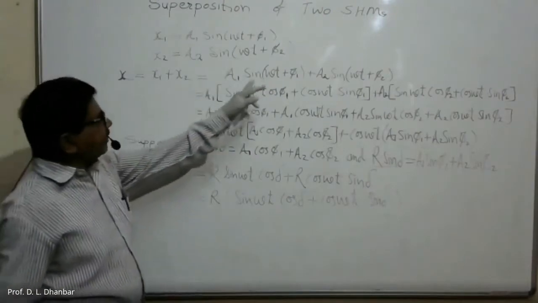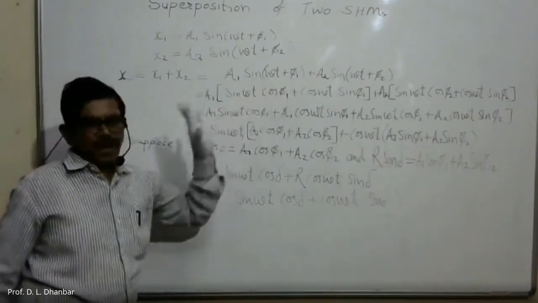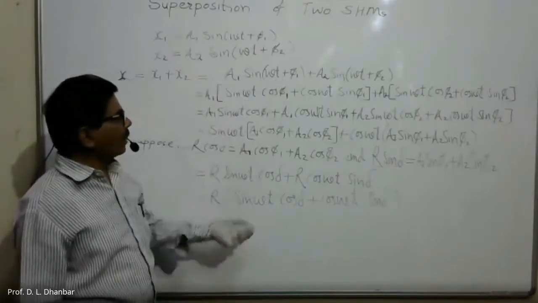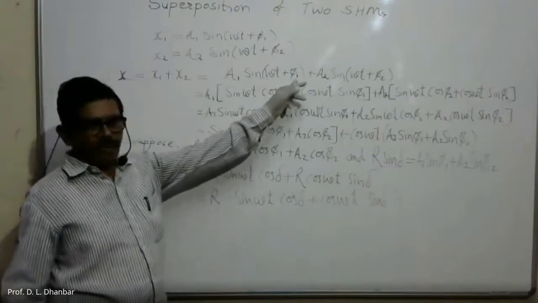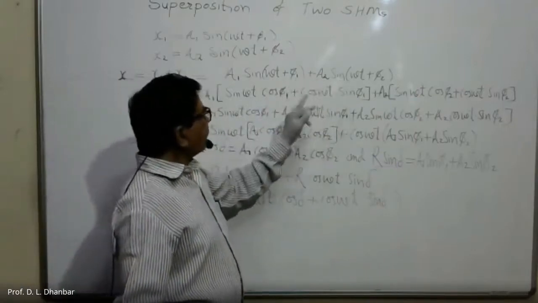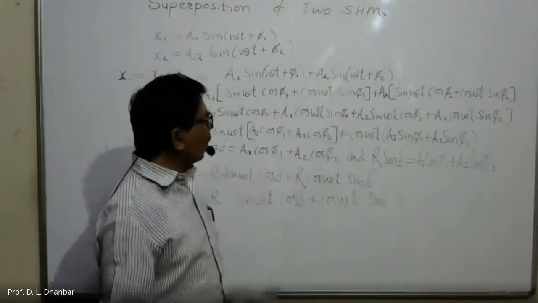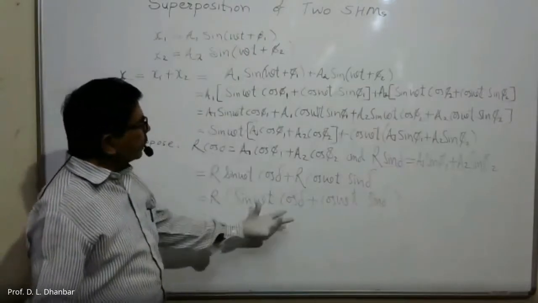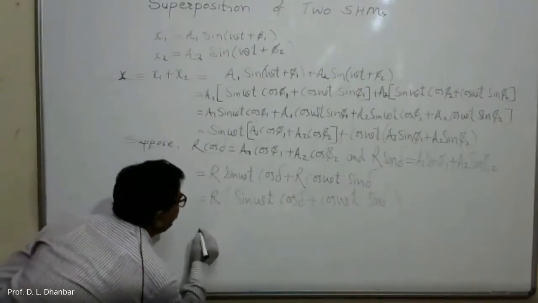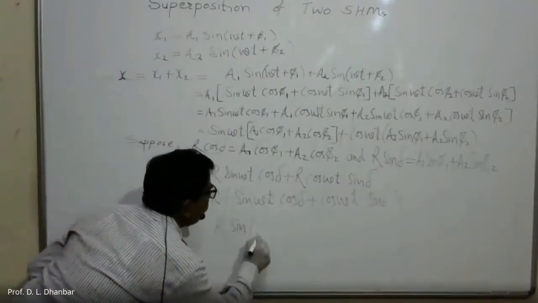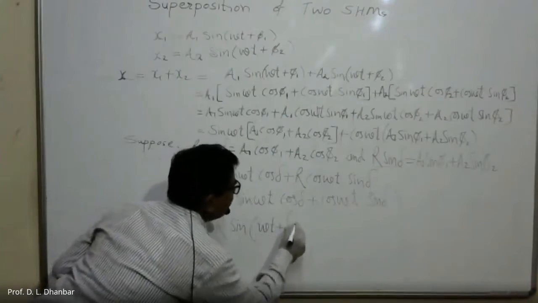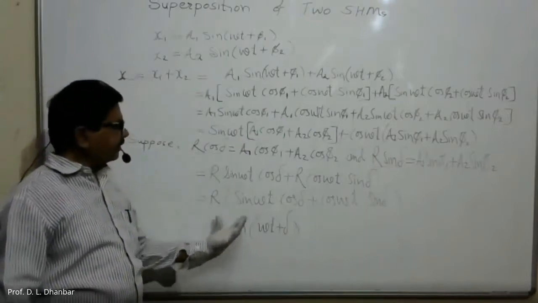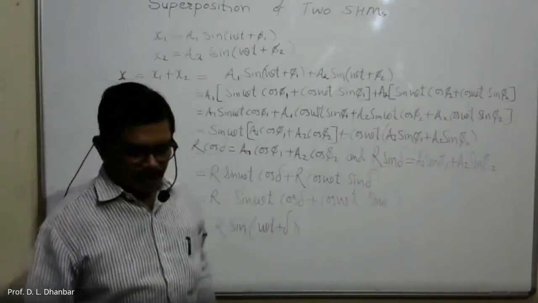If you observe this first equation, sin of omega t plus phi 1, the expansion of this term is like this: sin omega t cos of phi 1, means sin of first term into cos of second term, then plus cos omega t sin of phi 1. So if you compare this equation and this equation, you will find that this is nothing but the expansion of r into sin of omega t plus delta.